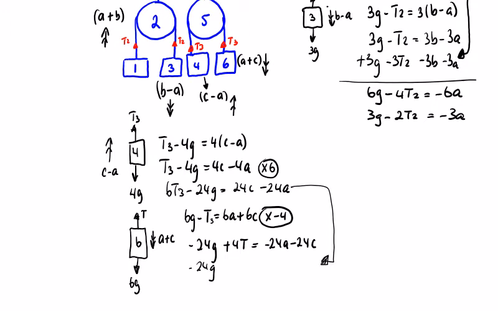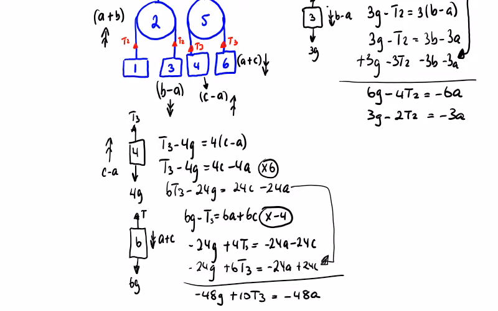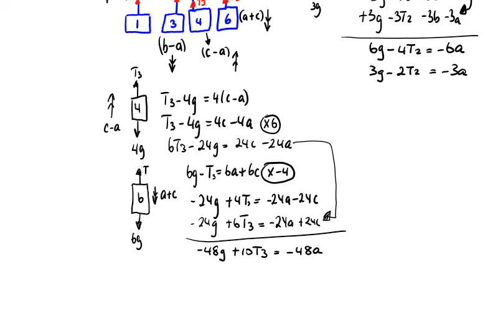Minus 24G plus 6T3 is equal to minus 24A plus 24C. So I have minus 48G plus 10T3 is equal to minus 48A. And if I divide that by minus 2 to tidy it up, I get 24G minus 5T3 is equal to 24A.